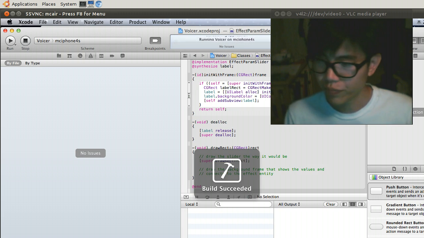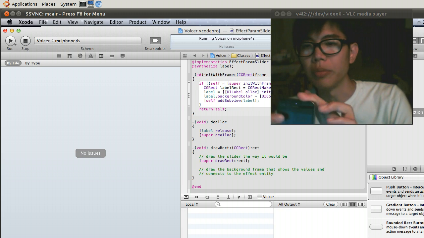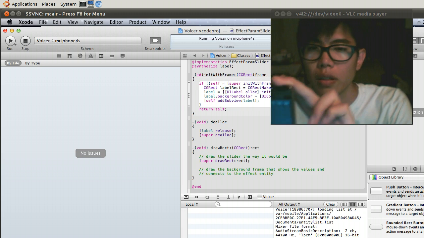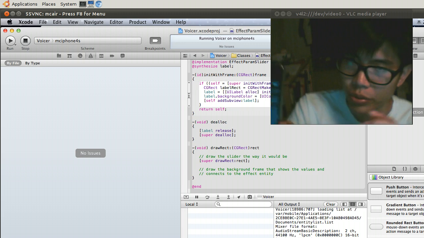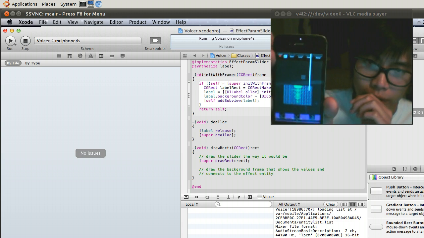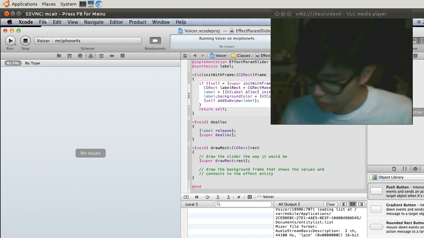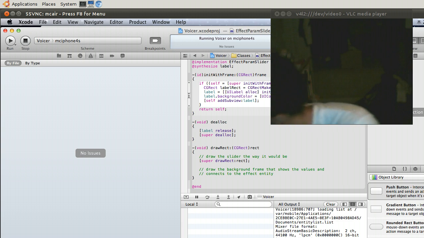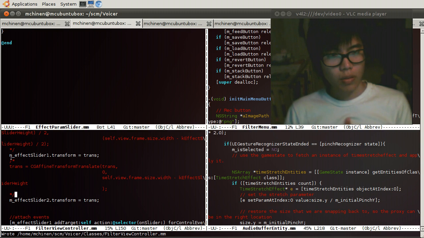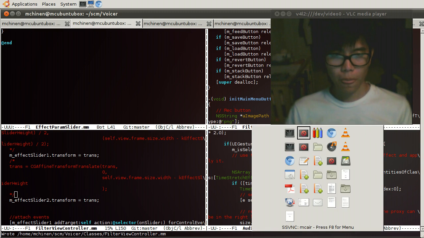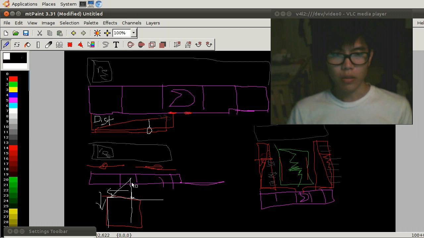So expect there to be, yeah, so this is true. It goes out there and it rotates from the center. Rotates like that.